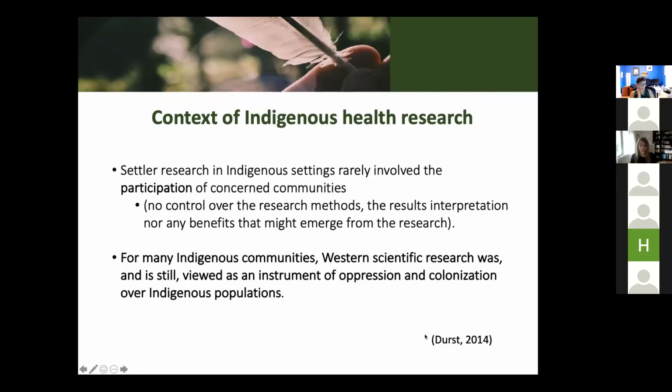And so for years, settler research in Indigenous settings rarely involved the participation of concerned Indigenous communities. So these communities had no control over the research methods. They had no access to result interpretation or to any benefits that might emerge from the research.